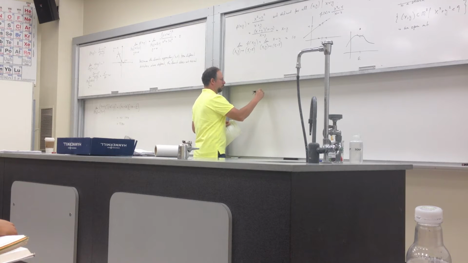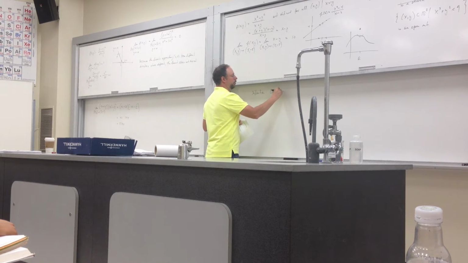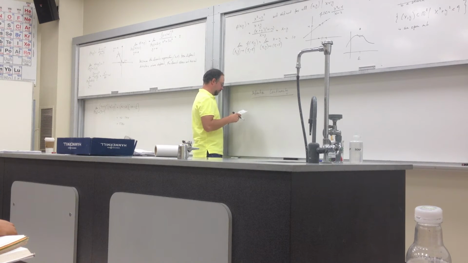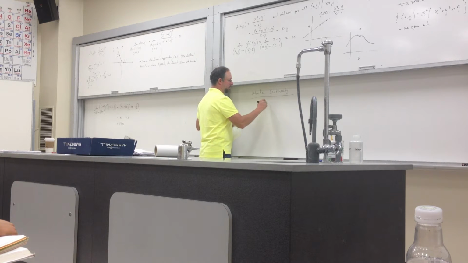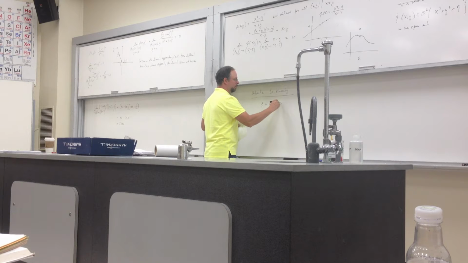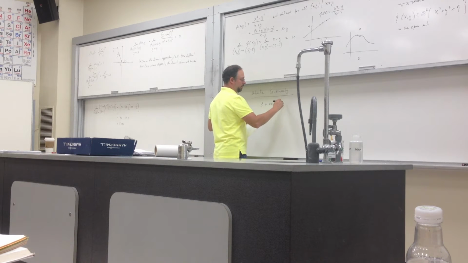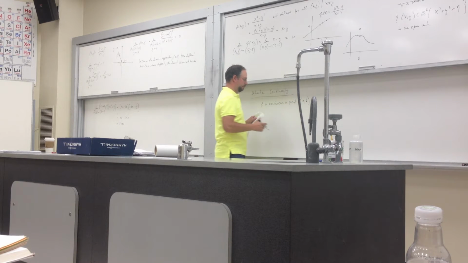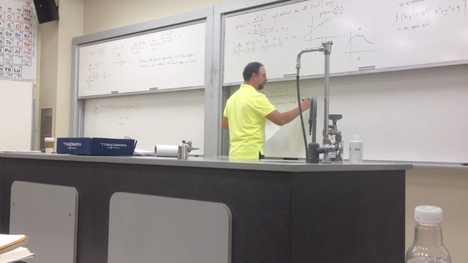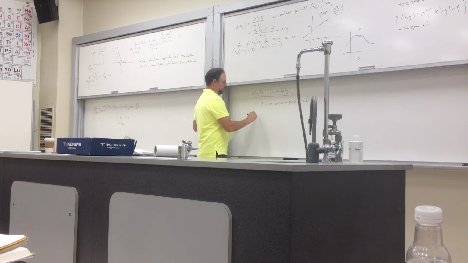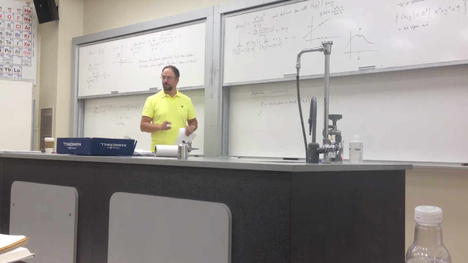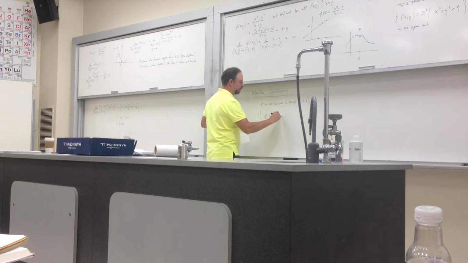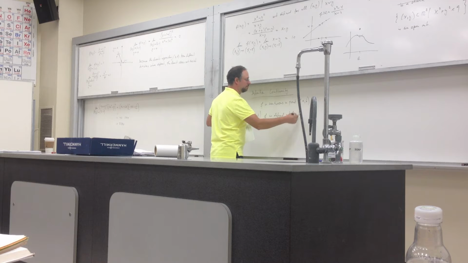Definition, continuity. F is continuous in point (a, b) if the first one is that f has to be defined at that point. F is defined at (a, b).